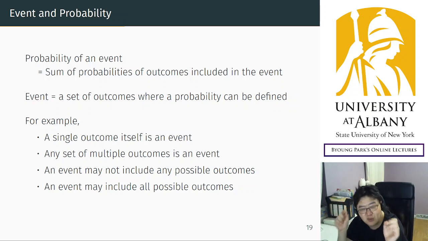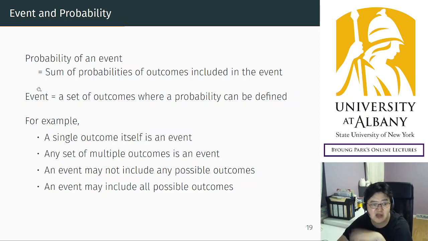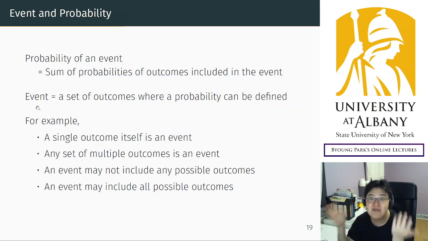An outcome is an element of the sample space. Then an event is not an element of the sample space, but a subset of the sample space. So an event may contain multiple outcomes, a single outcome, or no outcome, the empty set.